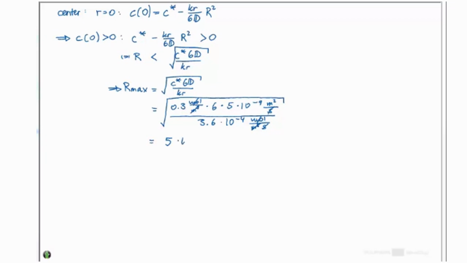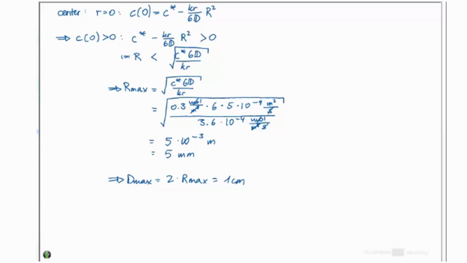So this gives 5 millimeters. And we were asked to calculate the maximum diameter, not the maximum radius. So we just multiply this by 2. And there you go. You end up with 1 centimeter.